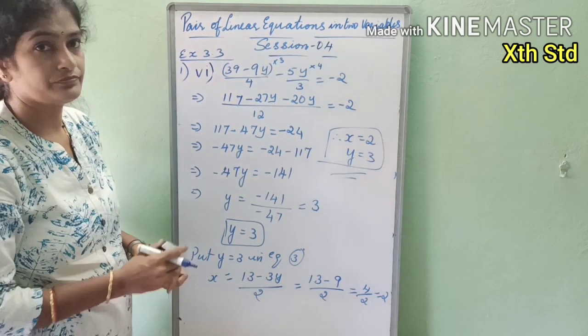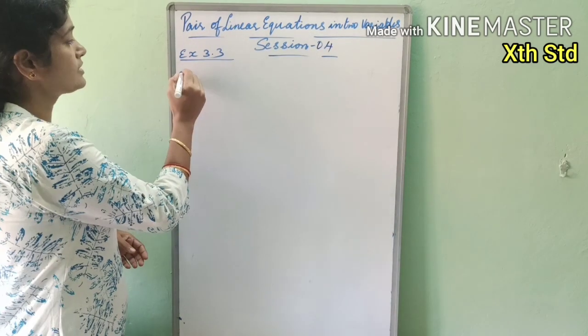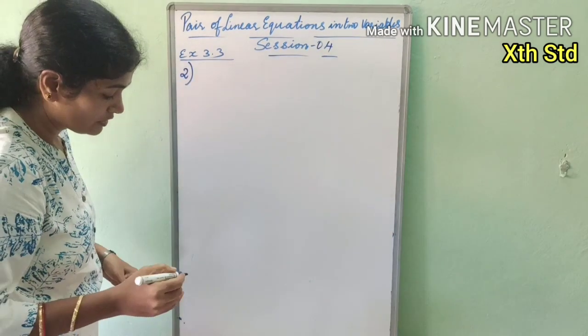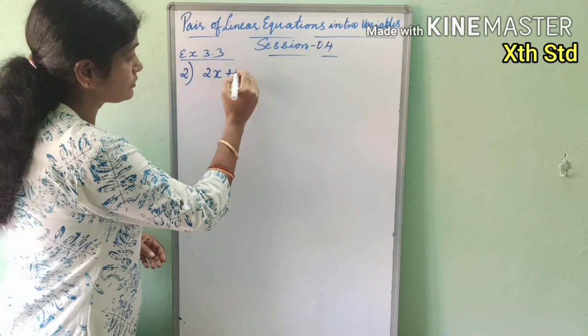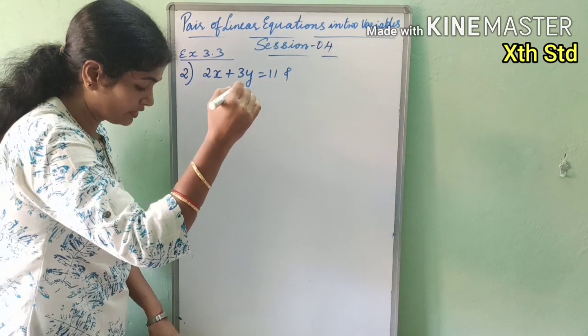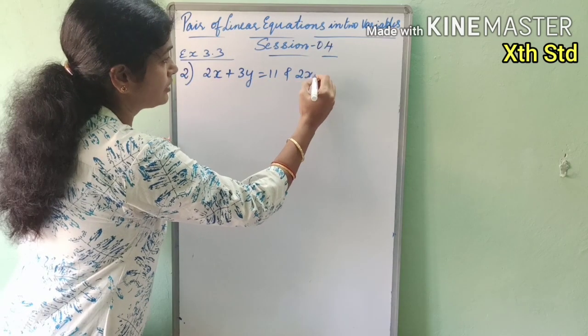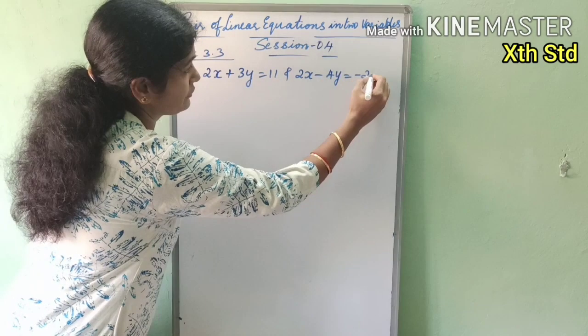Second question. Seeing the second question now. Solve 2x plus 3y equal to 11 and 2x minus 4y equal to minus 24.